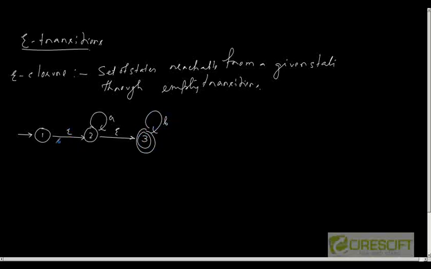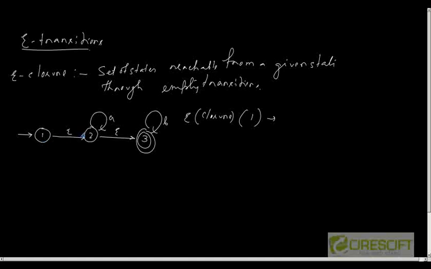Then what will be my epsilon closure of 1? Epsilon closure of 1 is, without consuming any symbol, the set of states I am reaching. So I can always remain in 1, so epsilon closure of 1 will always contain 1.